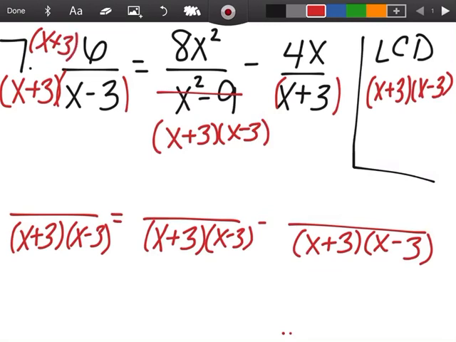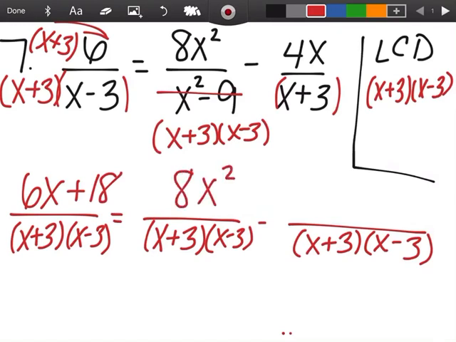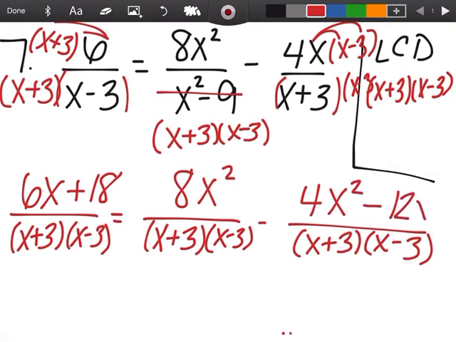So when I distribute the 6, I get 6x plus 18. In the middle term, I'm not missing anything, so it stays 8x squared. And then in the last fraction, I'm missing the quantity x minus 3, so I'm going to multiply by x minus 3. When I distribute the 4x, I get 4x squared minus 12x.